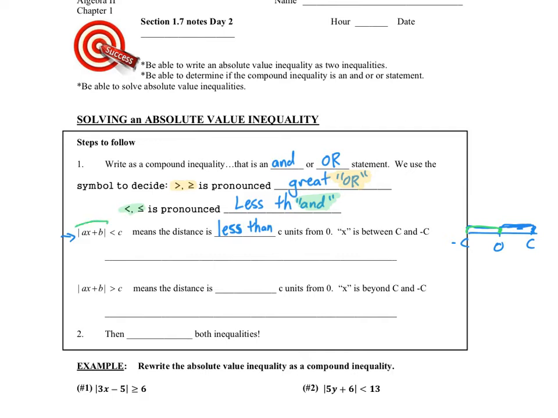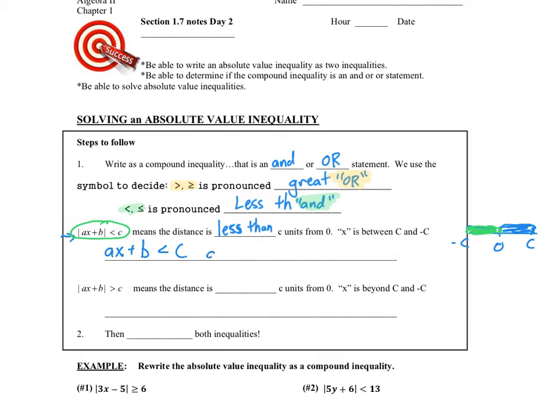So what this inequality is saying is that you have to stay closer than c away. So you can be in the shaded green or in the shaded blue. So how we solve that algebraically is, it's got to be between those two. We would write either ax plus b is less than c. That would be the blue shaded part. And this is a less than symbol.